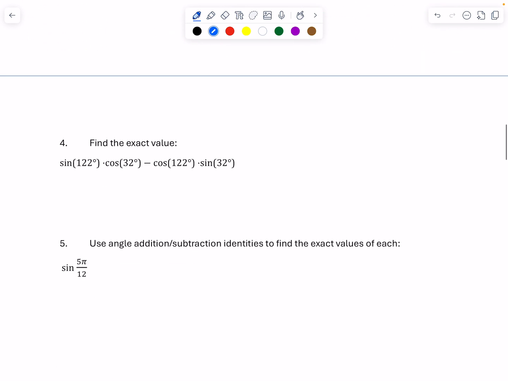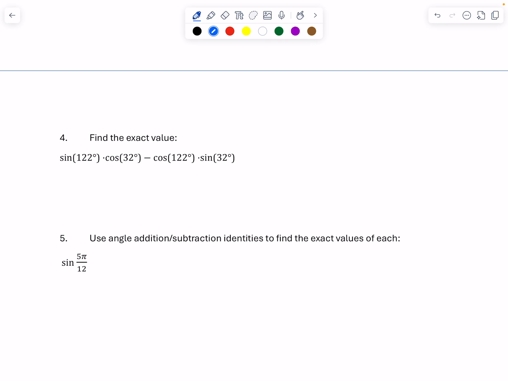Okay. Find the exact value. Some people got this, some people screwed it up. If you've got a mix of sine and cosine, and then you've got a minus, this is, first of all, mix of sine and cosine is sine, the sine angle addition formula, and because it's minus, it's subtraction.